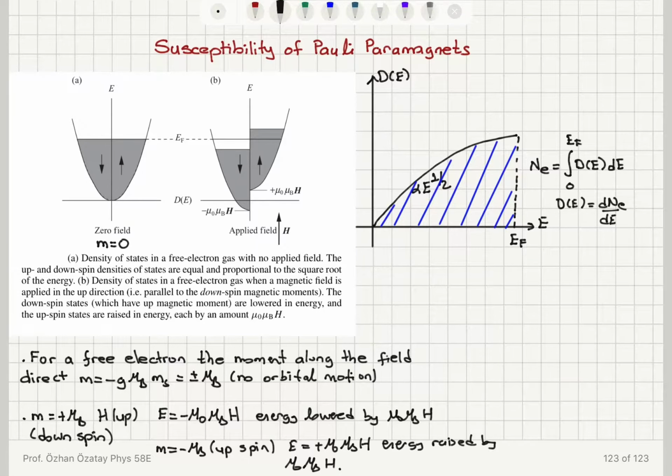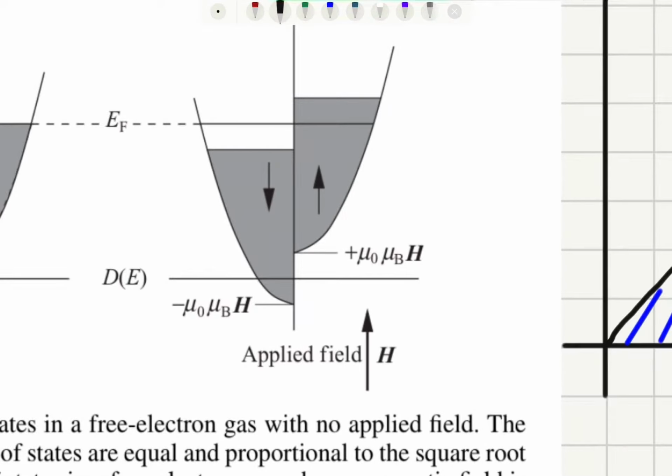And when we have an applied field, the energy is lowered by mu 0 mu B H for down spins. And remember, down spins have an up moment. So this is basically the spin direction: spin up, spin down.